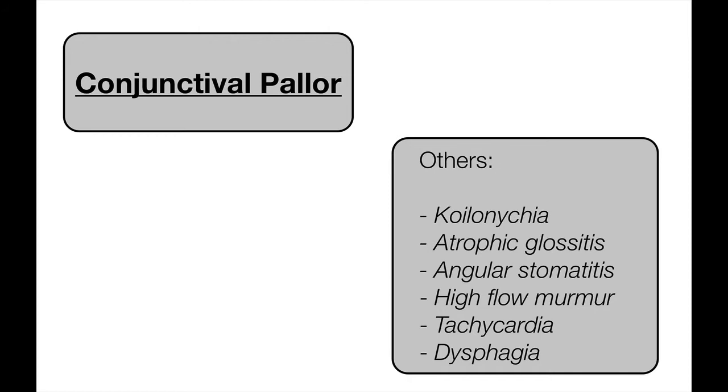Other signs that are particularly associated with certain types of anemia, but it's worth being aware of at this stage, are things such as koilonychia, that's spoon-shaped nails, atrophic glossitis, that's a red, large, swollen tongue, angular stomatitis, which is fissuring at the corners of the mouth, features of a hyperdynamic circulation, which is a compensatory mechanism for an anemia, including a high flow murmur or a tachycardia, and then very rarely dysphagia because of a pharyngeal web.